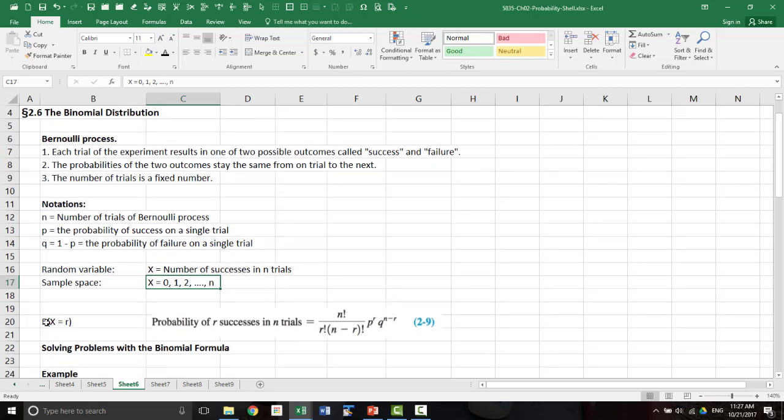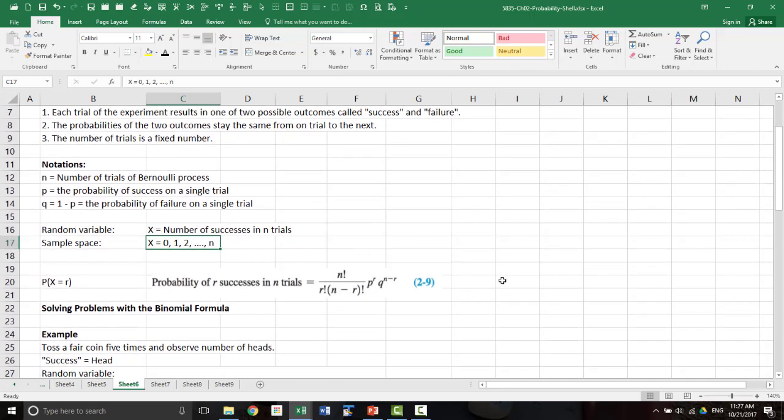The probability that x is equal to r, whatever r may be, is the combination formula, n factorial divided by r factorial times (n minus r) factorial, times p to the power r, the number of successes that we want, times q to the power of n minus r. The powers, when you add them up, should be equal to n. So that's our formula.